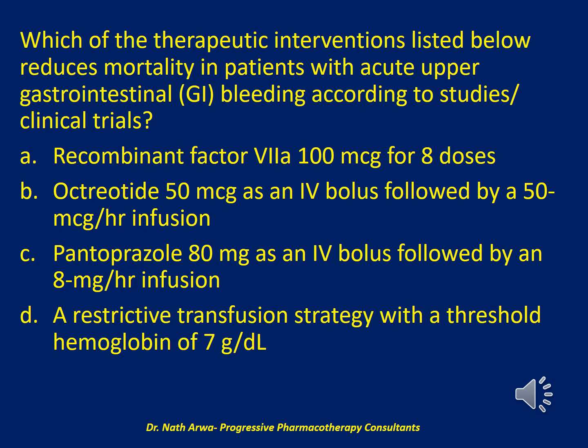Or C. pantoprazole 80 mg as an IV bolus followed by an 8 mg per hour infusion? Or is it D. a restrictive transfusion strategy with a threshold hemoglobin of 7 grams per deciliter? I will give you 10 seconds to choose the correct answer to this question from the listed options.